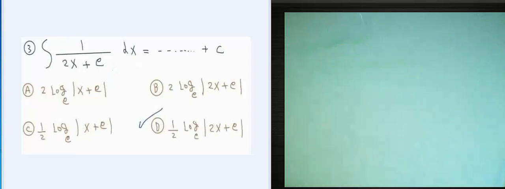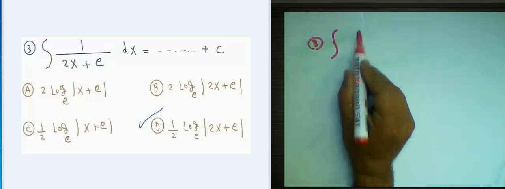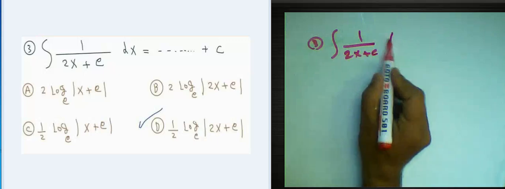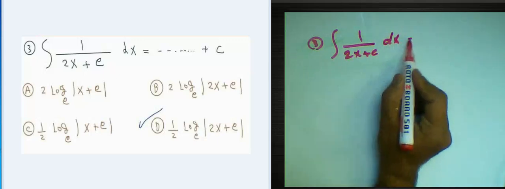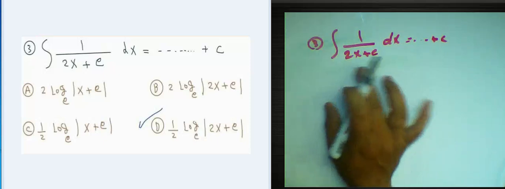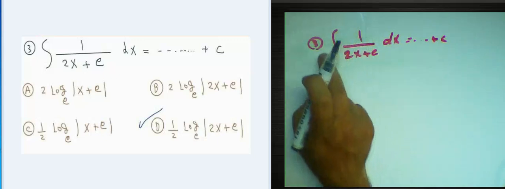Question number 3. Integration of 1 over 2x plus e dx equals space plus constant. We can solve this example by finding the derivative of the denominator, then we must multiply the numerator by 2 and divide by 2.